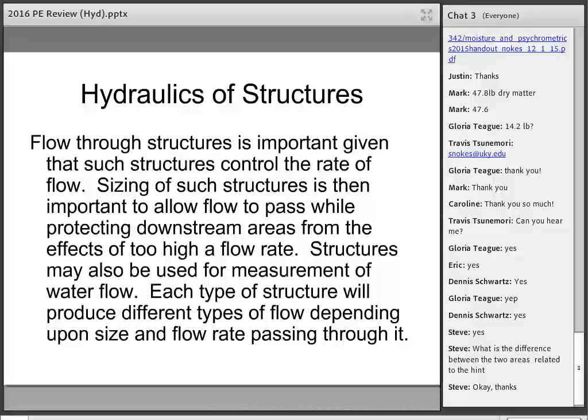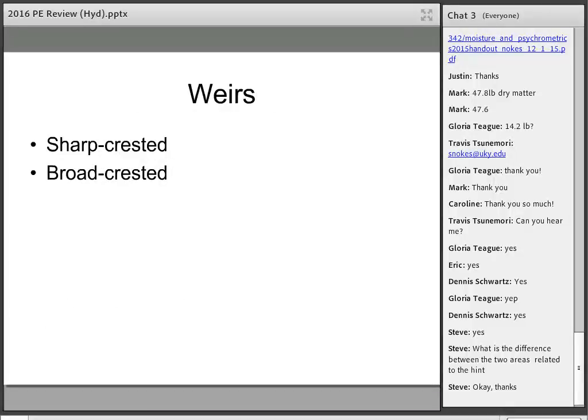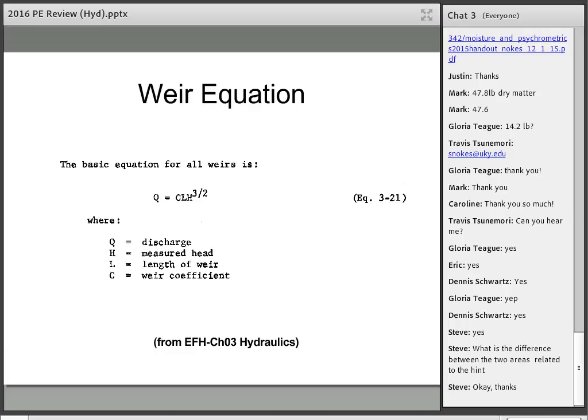And we'll talk about several different kinds of hydraulic structures so that you get a feel for what's possible and what to expect. Weirs are the first thing we need to talk about. There's two kinds. And they're not all perfectly sharp-crested or perfectly broad-crested, but they would fall into these two categories because the equations are different. The weir equation is pretty much the same.